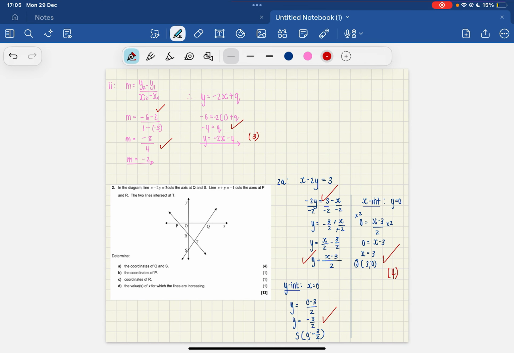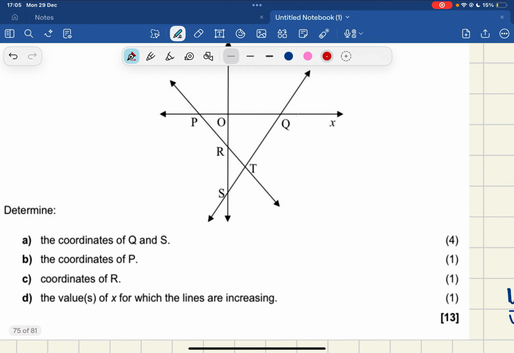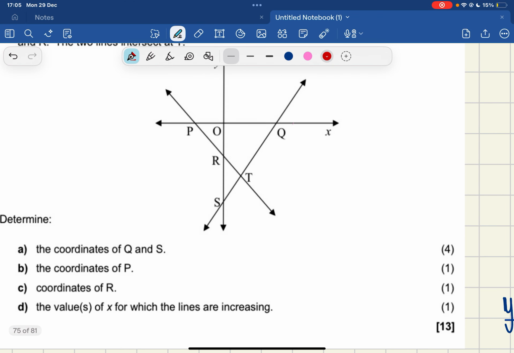So, question D says, calculate the values of x for which the lines are increasing. For which values of x is the line increasing? It's never increasing here, but this one increases for x an element of negative infinity to positive infinity.